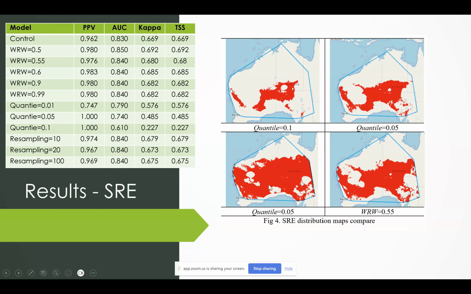Also, WRW equals 0.55 got higher scores in AUC, kappa, and TSS, except for PPV. Those maps are quite different from the best recommended parameters, which makes it more difficult to select which models are better.